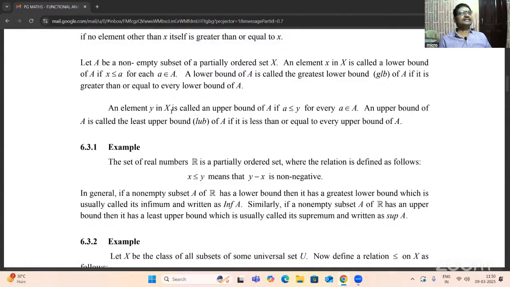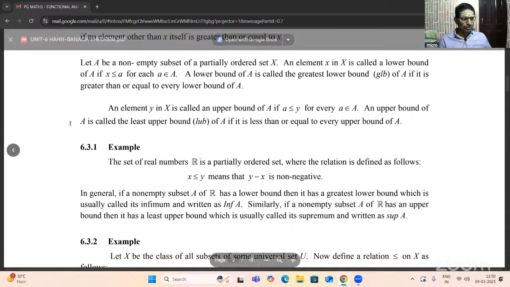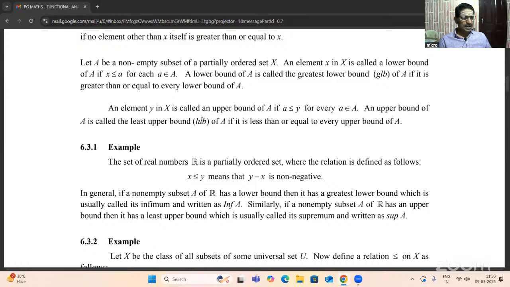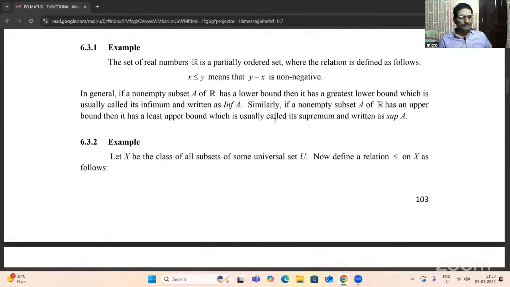Here x is the set, and y belongs to x is called an upper bound of capital A if small a is less than or equal to y for every small a belonging to capital A. So an upper bound of A is called the least upper bound, that is called the supremum, if it is less than or equal to every upper bound of the subset.